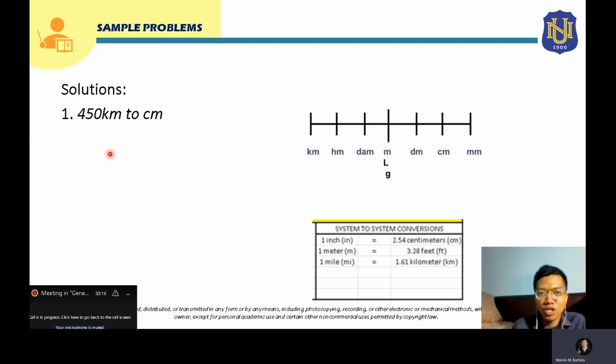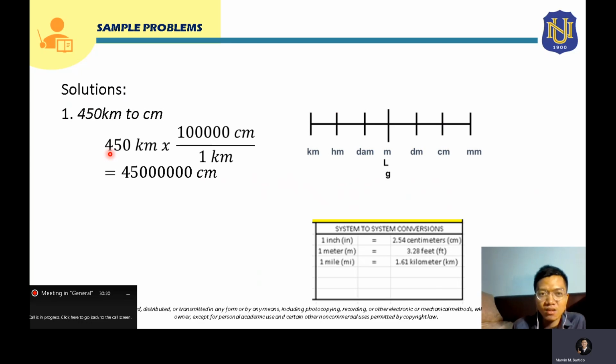But if we're going to solve this using a solution, let's say 450 kilometer and you want to convert that to centimeter, you just multiply it with its conversion factor. With this fraction, the denominator will be the unit that you want to cancel, which is kilometer.